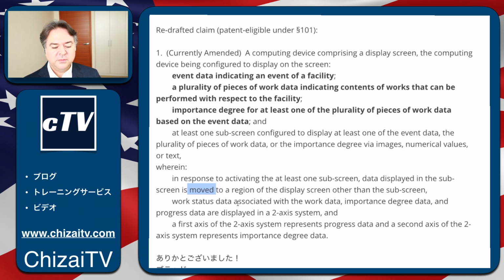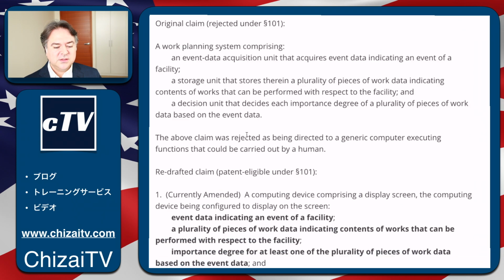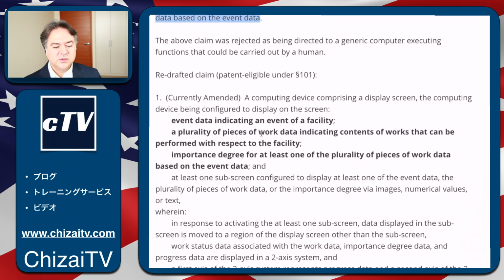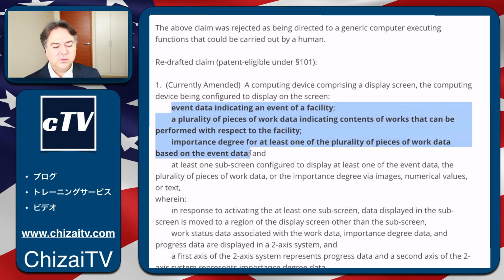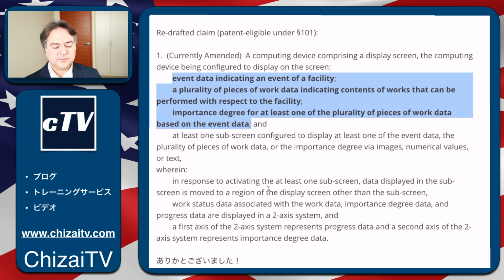It should be enough. But anyway, so this is an example that worked for me in one of my cases. It's public information, so this is not confidential or anything. But I recommend that you study this and see what is the difference between this original claim and then what I did here with this drafting style.